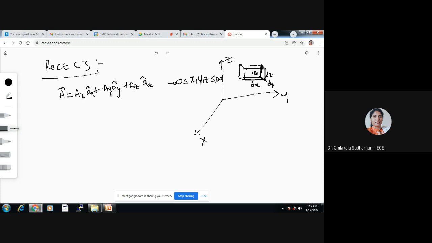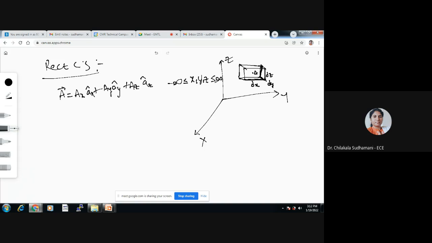Now how do we find the total differential length of the cube? It is very small size, right?